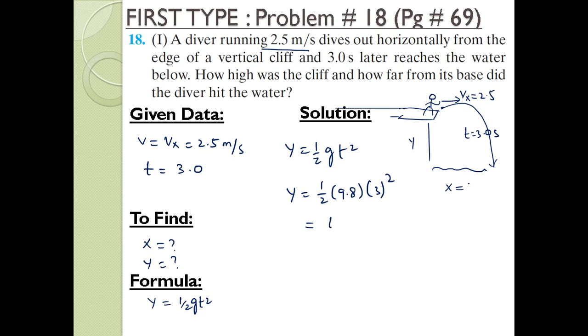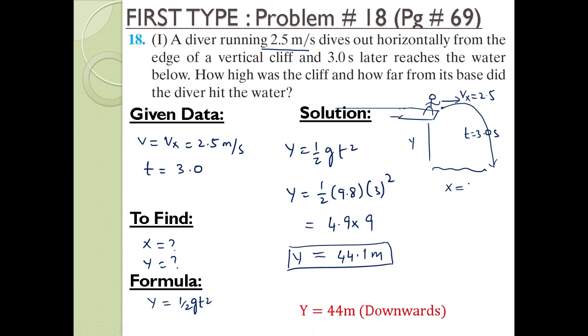So this is 4.9 into 9, so it's around 45 meters. That is exactly, 9 nines are 81, 8 remaining, 36, and 8, 44.1 meters for y.